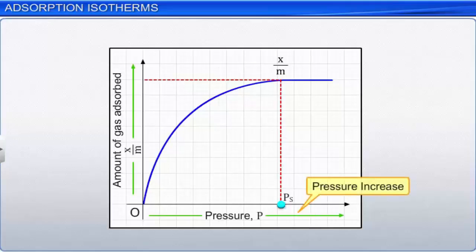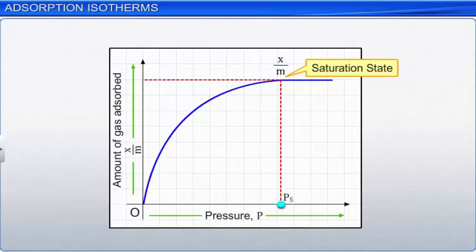This is called the saturation state, and PS is called the saturation pressure. The saturation state is observed when the adsorbate forms a uniform molecular layer on the surface of the adsorbent.